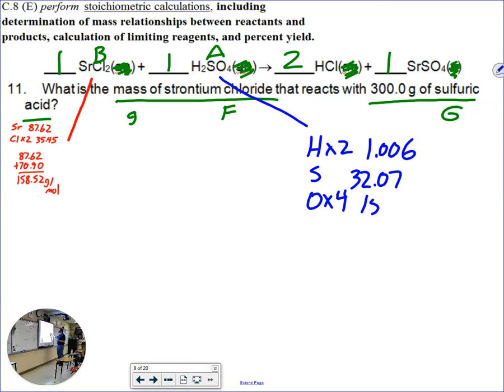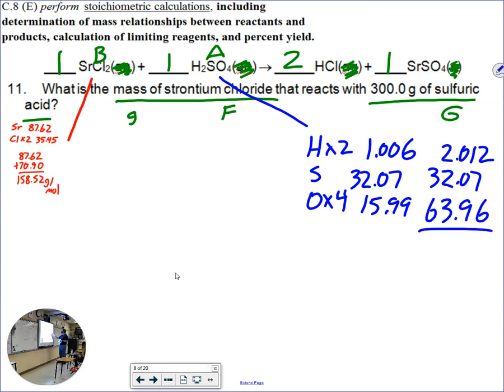And oxygen is 15.99 times 4. So that's going to be 2.012. That's still going to be 32.07. And that's going to be like 63.996. Okay, cool.